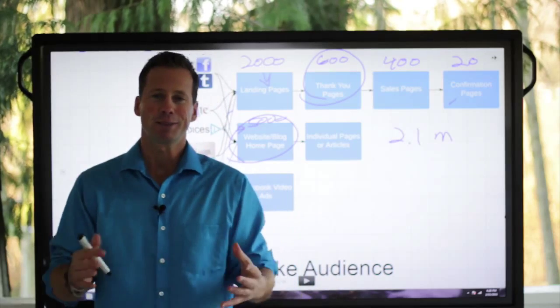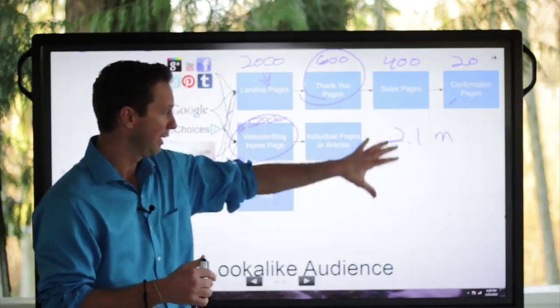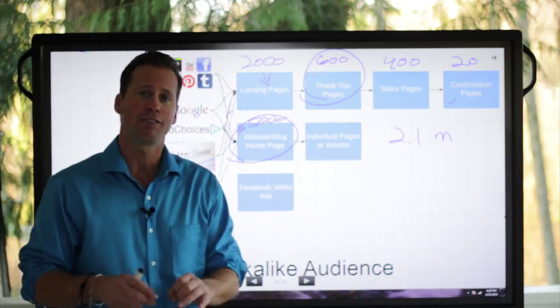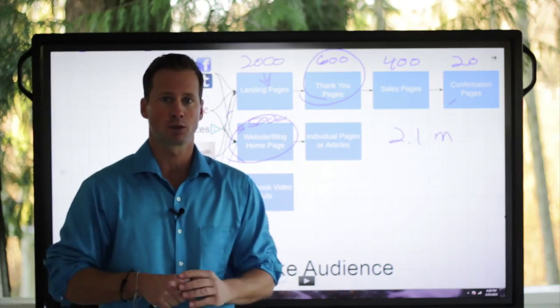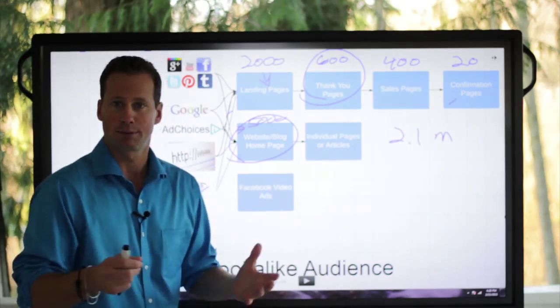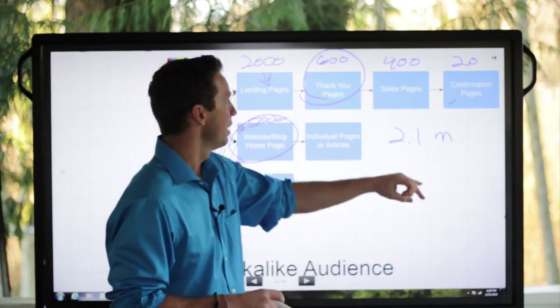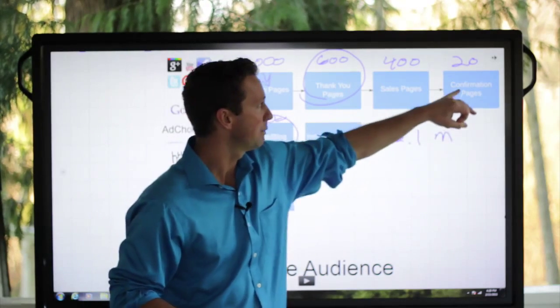So Facebook targeting also includes web browsing data. When they're creating these lookalike audiences, they're also taking that data. So it's a lot of data. Facebook is really, really smart, and we know this because of some of the results we're getting by using these types of targeting. So the cool thing is now you have 2.1 million people that have similar likes and interests as your leads. Now you can do the same thing with your buyers.